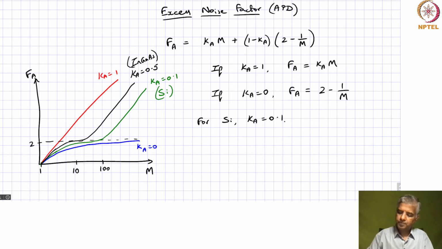Okay, so for Ka equal to 0.1, the optimum gain value could be in the order of 100 to 200.